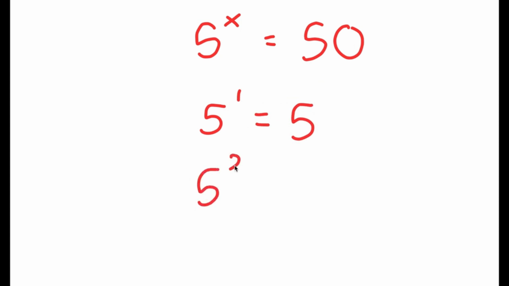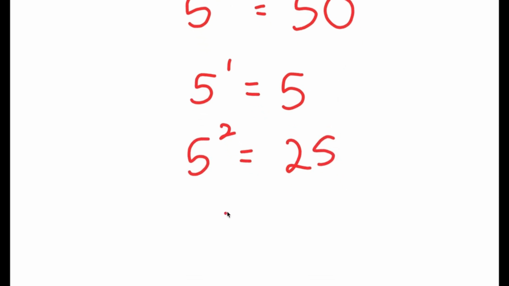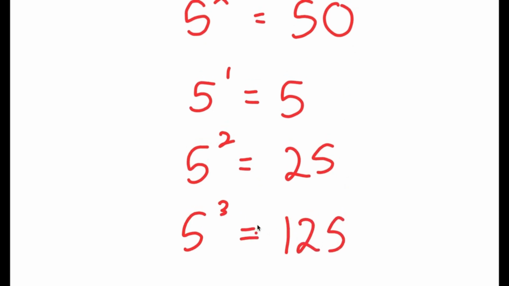Now if x equals 2, I get 5 to the power of 2, which is 25. And this again is too low. Now if x equals 3, then I have 5 to the power of 3, which is 125. And this is way too high. So we know that the value of x is going to be somewhere in between 2 and 3, meaning it's going to be a decimal.